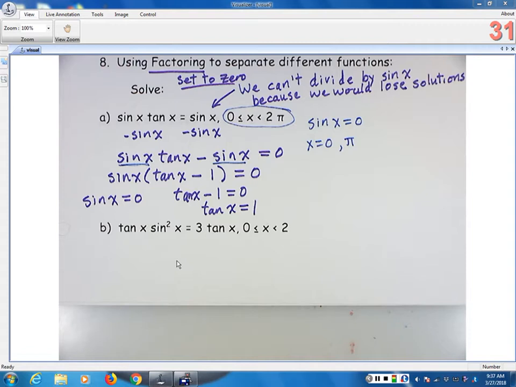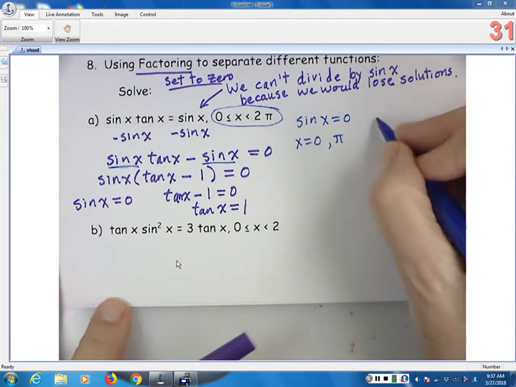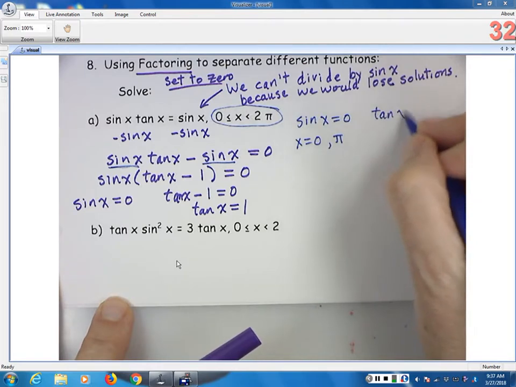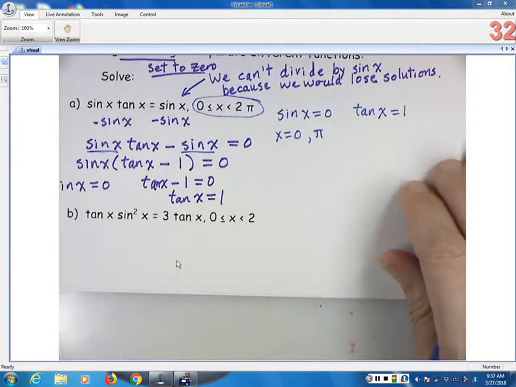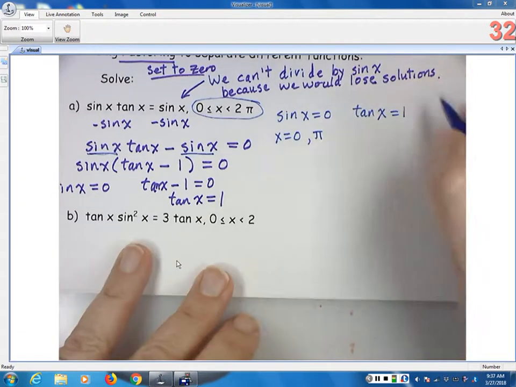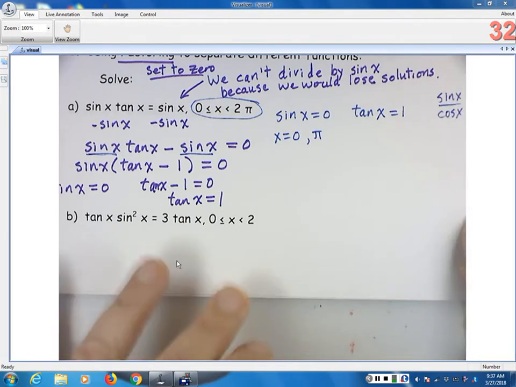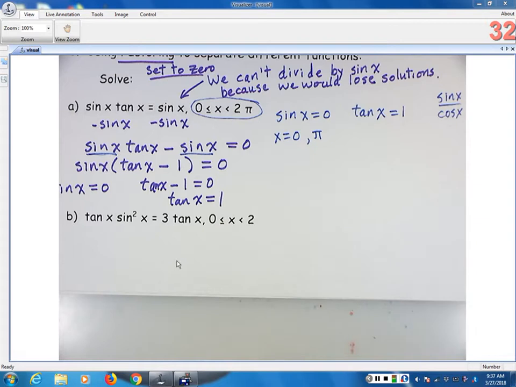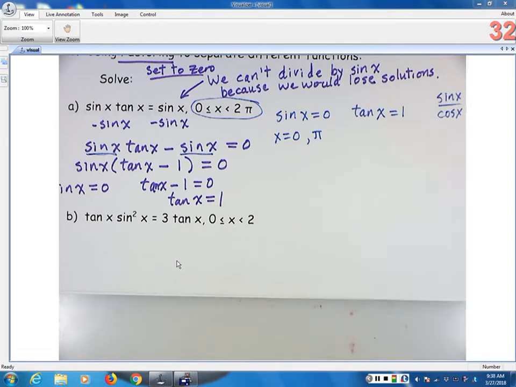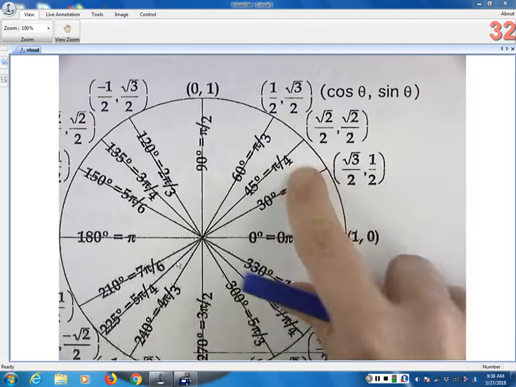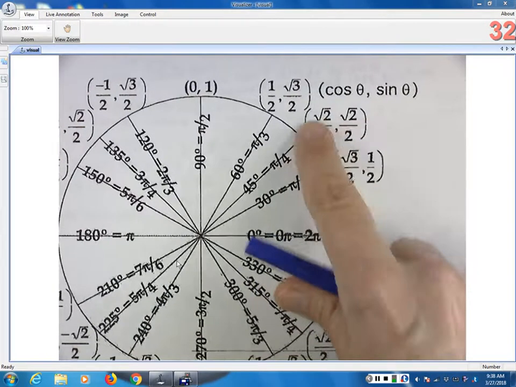Tangent x equals 1. Where is tangent x equal to 1? Remember tangent is sine divided by cosine, so it's got to be where sine and cosine are equal. When they're equal, you get 1. Sine and cosine are equal at pi over 4. You put these over each other, you get 1.